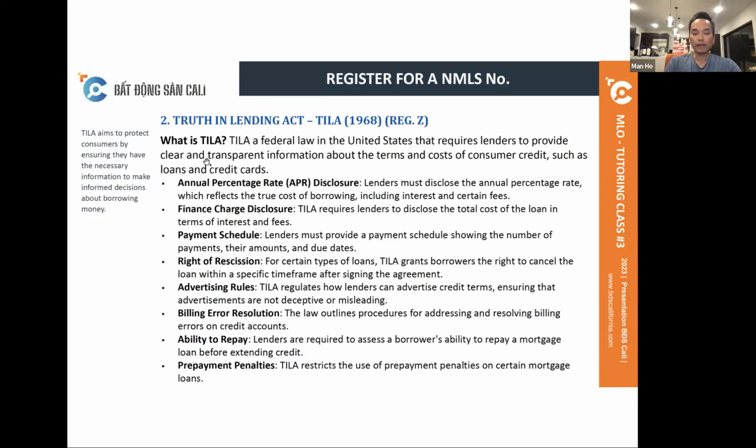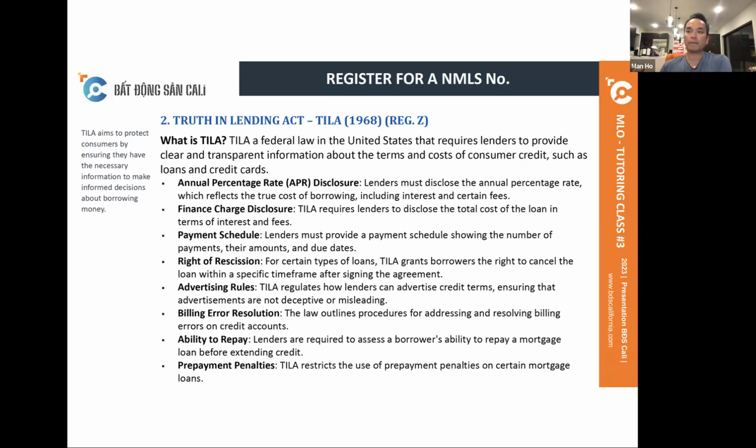So what is TILA? TILA is a federal law in the U.S. that requires lenders to provide clear and transparent information about the terms and costs of consumer credit, such as loans and credit cards. Truth in lending means it needs to be transparent. Everybody needs to know what it is.